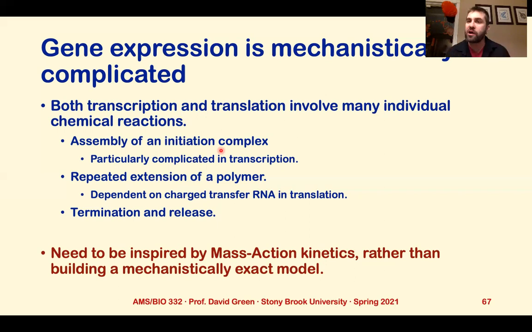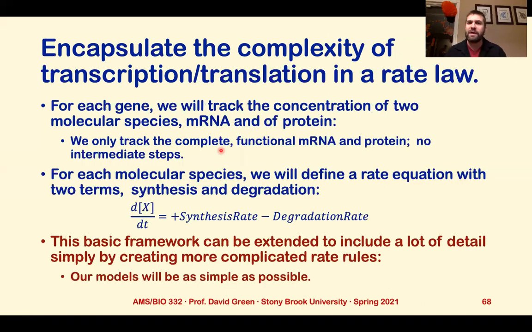We are going to have approximate models where we're really grouping a lot of things together, even things that we don't perfectly understand, into very simplified models for a very complicated process. So how might we do this?